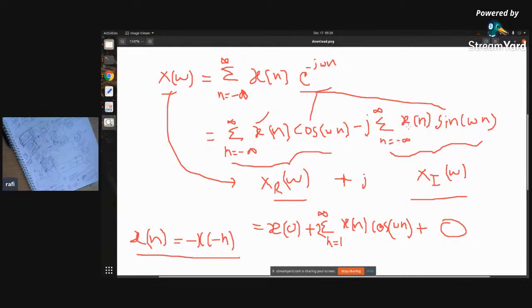When n is negative, minus x of n will become positive. For example, I am taking n equal to 1. When n is equal to 1, this is x of 1. When n is equal to minus 1, this will be x of minus 1, which is minus x of 1.